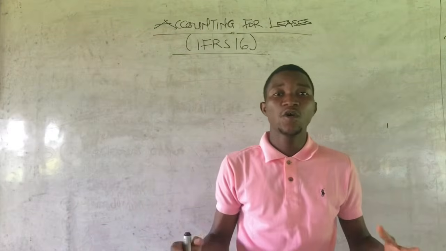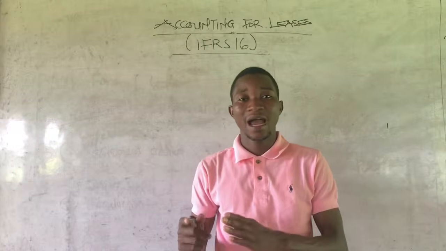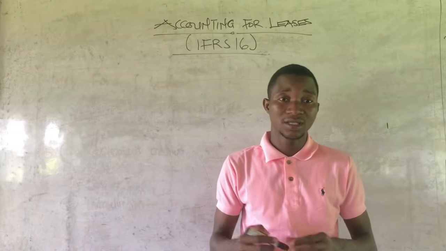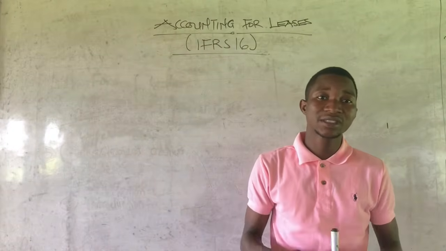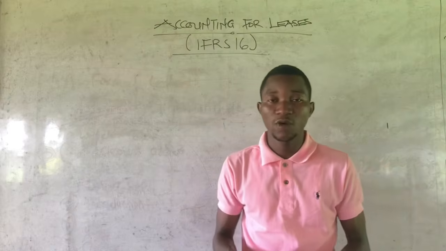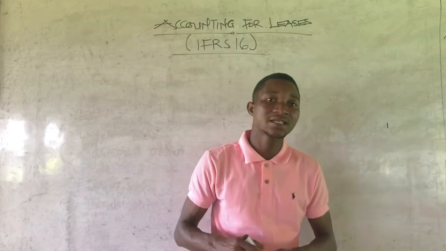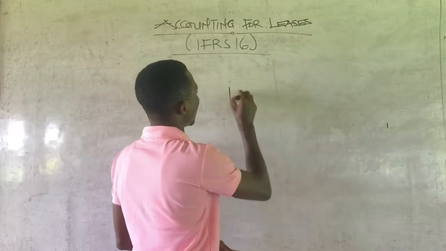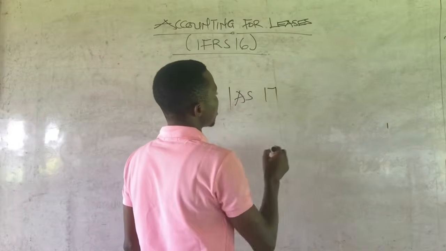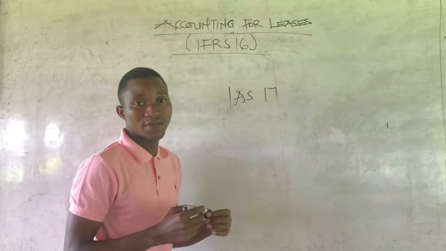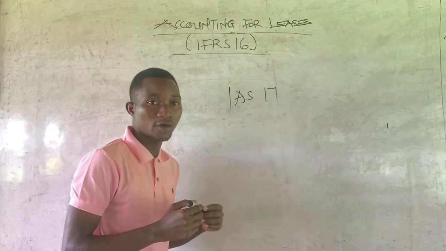Before the introduction of the IFRS 16 model, we have an old model that is normally used to account for leases. That is IAS 17. So this standard was basically used initially to account for leases.